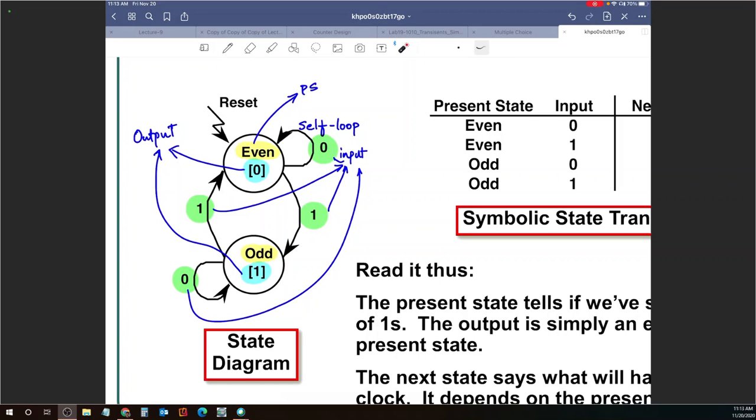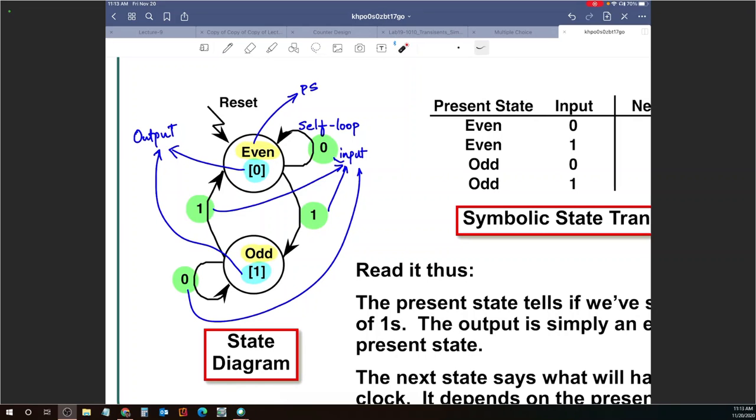Questions about how we drew the state diagram? Two circles for the two states. Two arrows coming out of each state, depending on whether you get a 0 or a 1. We are writing inputs on the arrows, the transitions, and we are writing output of the machine inside the state.